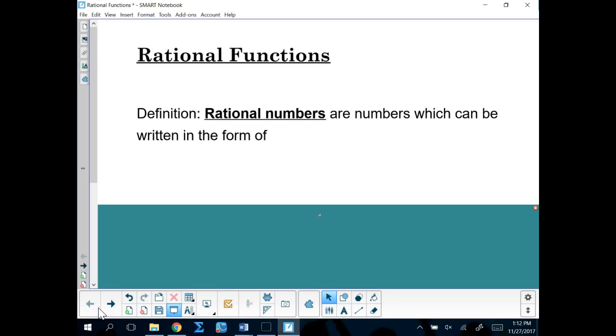So, let's think about rational numbers. Give me an example of a rational number. 1 is a rational number. You know it. 10. You know it.